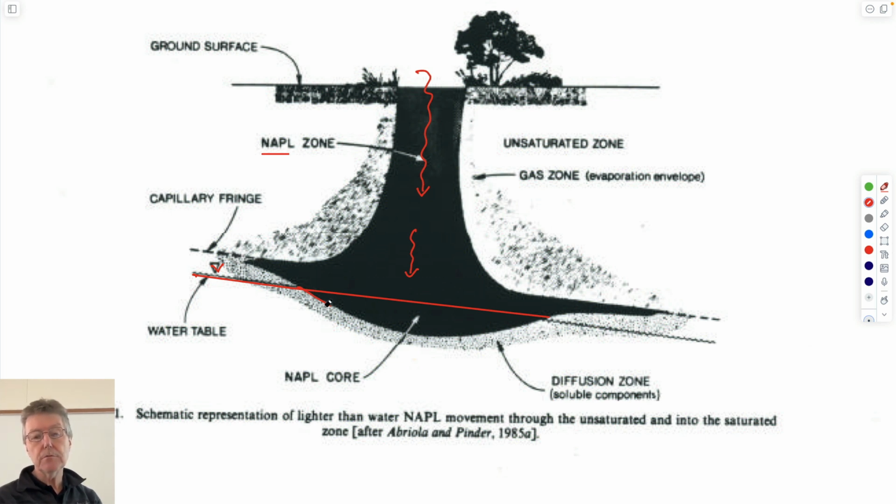And so what it will do is depress that water table, and you'll get a lens, if you like, of non-aqueous fluid. So the gasoline will sit as a puddle, if you like, on top of the water table. This will provide a chimney, which will be a smear of gasoline that can volatilize because it can evaporate from the subsurface. That's one mechanism by which it can move in the air-saturated subsurface.